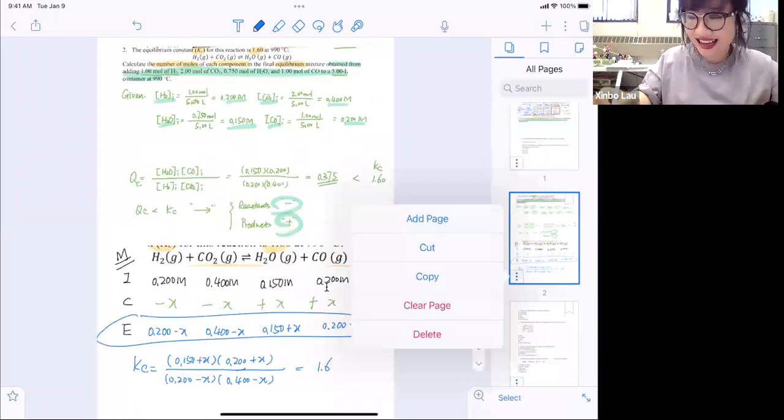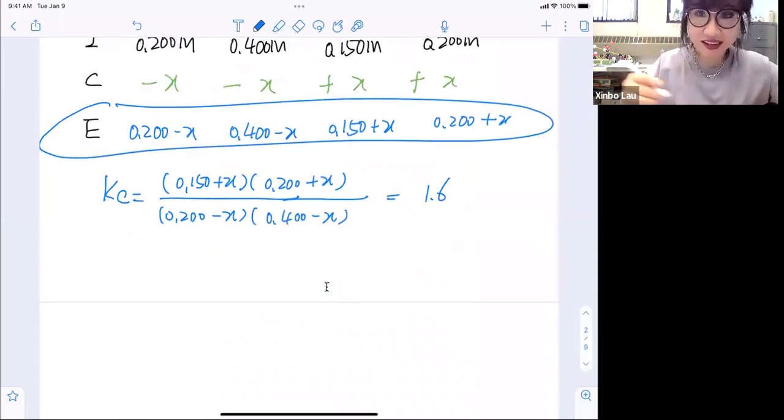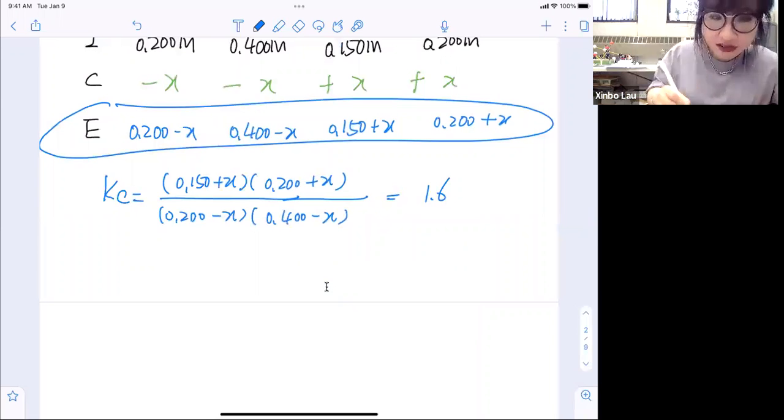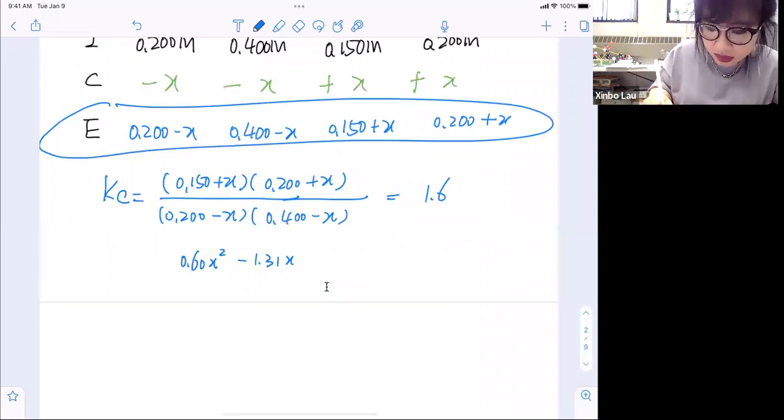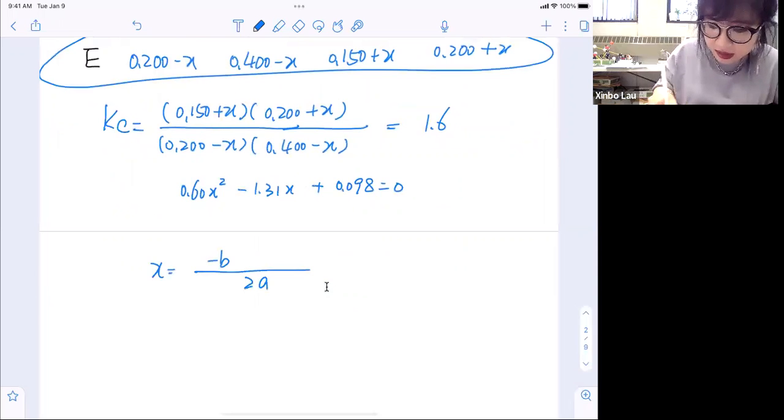Clearly for this question, the small approximation is not going to work because the Kc value is quite large. You have to rearrange it into a form where we can use the quadratic formula. I rearranged it to 0.60x squared minus 1.31x plus 0.098 equals 0. I'm going to use the quadratic formula: x equals negative b plus or minus the square root of b squared minus 4ac, all over 2a.